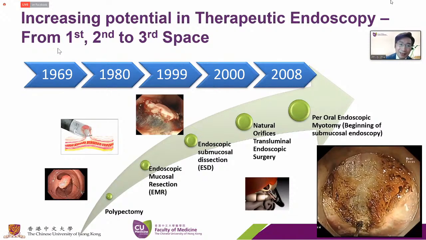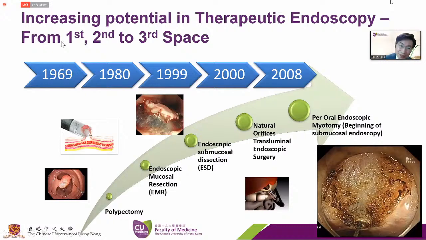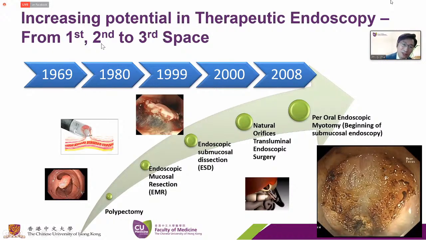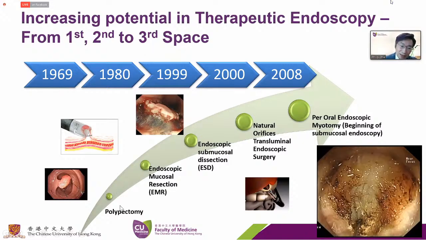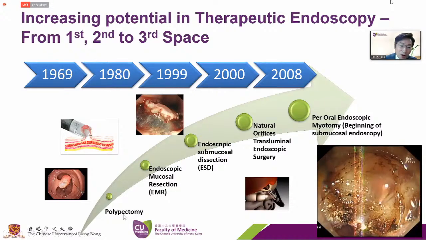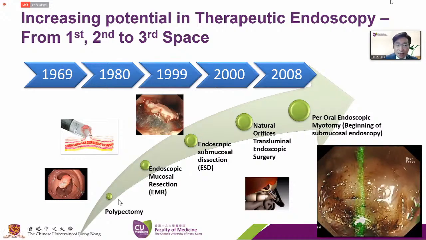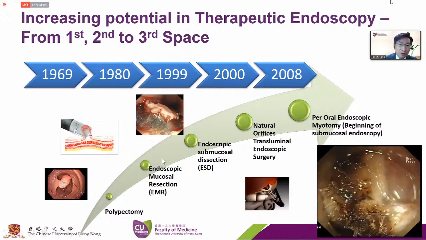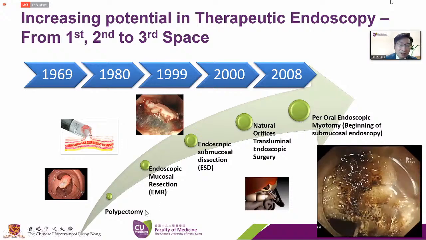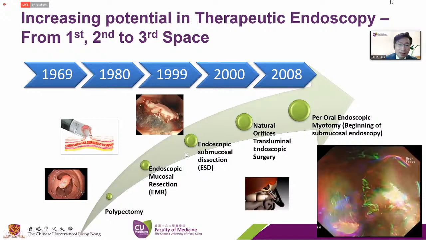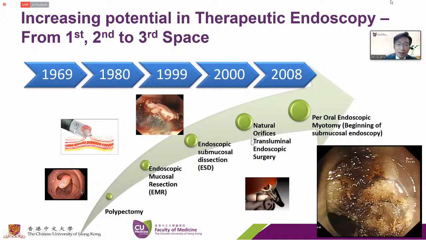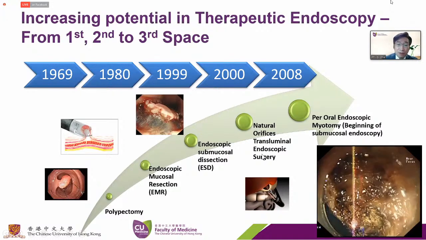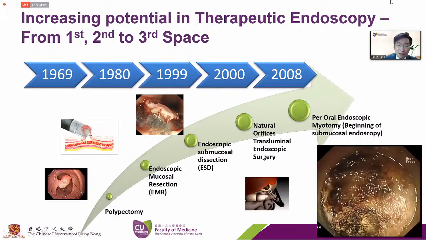As Professor Jimmy So mentioned, there is an increasing potential of therapeutic endoscopy. So we can say that this development is from the first to the second to the third phase. As I mentioned, the very early stage of endoscopic resection is in fact from the concept of polypectomy in 1969. But over the past 40 years, there has been a significant improvement in the technology, with the development of EMR, ESD, and the concept of natural orifice transluminal endoscopic surgery, that comes to the second space.